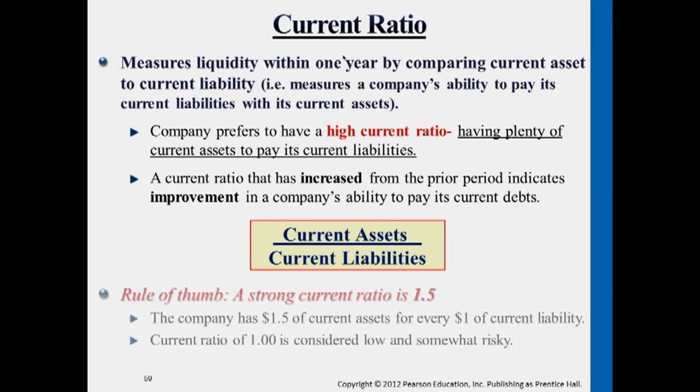So all the short-term notes payable, accounts payable, anything that is a liability due within a year. What this is trying to represent is, per dollar of current liability, how much current asset a business has to cover and pay off this liability that will be due within a year of time.